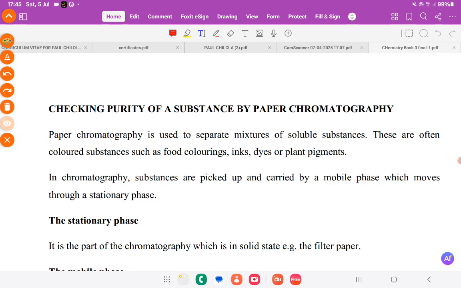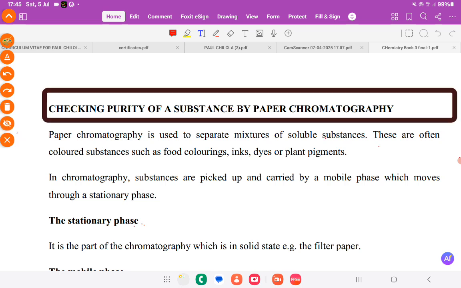All right, so in particular, we are going to look at a type of chromatography which is called paper chromatography. Remember that we have different types of chromatography. We have paper chromatography, gas chromatography, and thin layer chromatography, that's TLC.